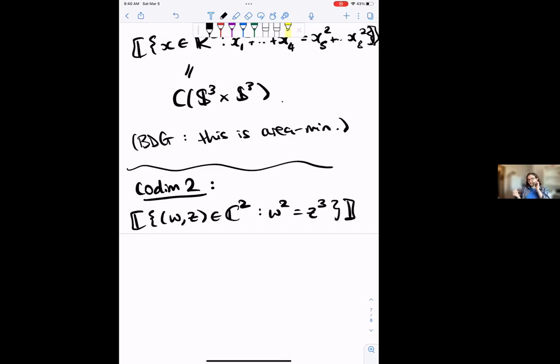So if you identify C2 with R4, then this is a 2-dimensional area minimizing surface coming from this holomorphic subvariety with codimension 2. And it has this kind of branching behavior around the origin. You could think of this as like the complex graph W is Z to the 3/2 over the complex plane W equals 0. And this has, again, an isolated singularity at the origin.